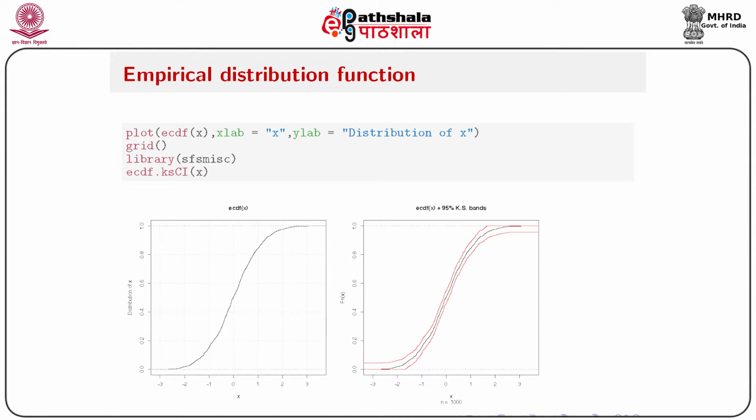Just pass x within that function, and it will automatically generate the CDF as well as the 95% confidence interval, the Kolmogorov-Smirnov band. There will be three plots. The middle one is the estimated distribution function, and the other two red lines indicate the 95% confidence interval.